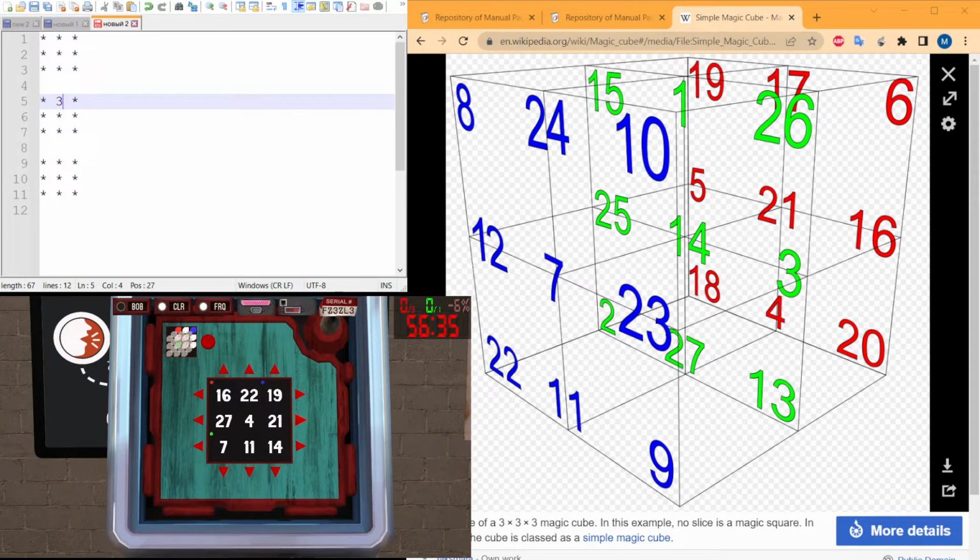So next is 2, which is here, which is 4. 3 is going to be 5. 4 is going to be 6. 5 is 7. 6 is 8. 7 is 9. 8 is 10. 9 is 11. 10 is 12.